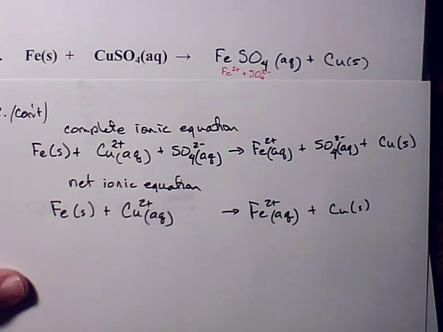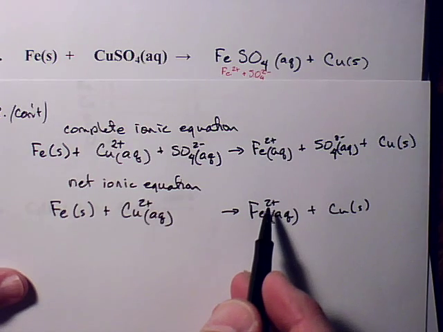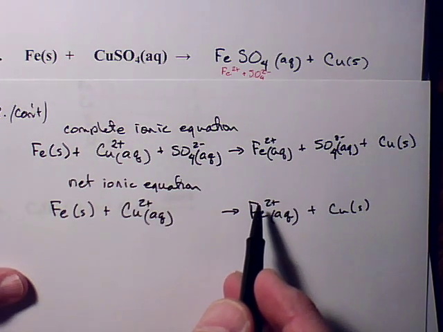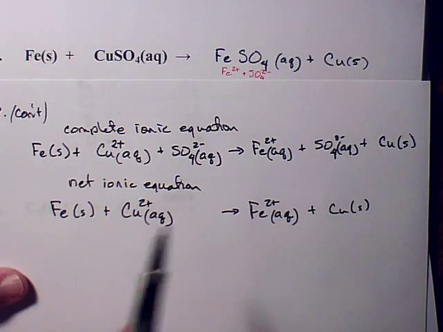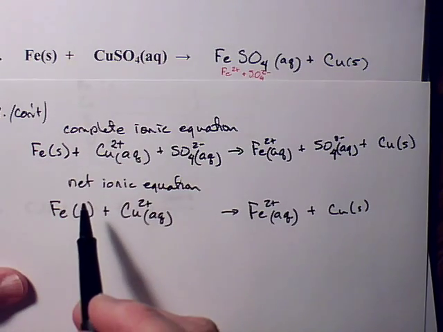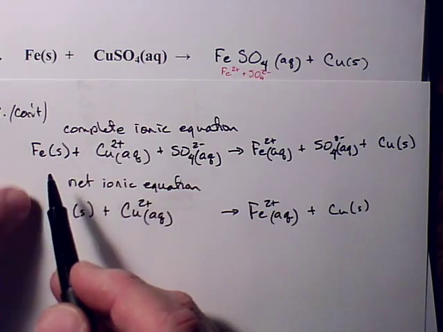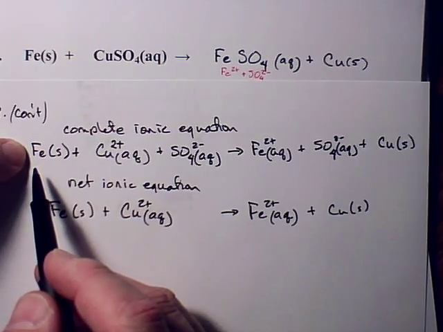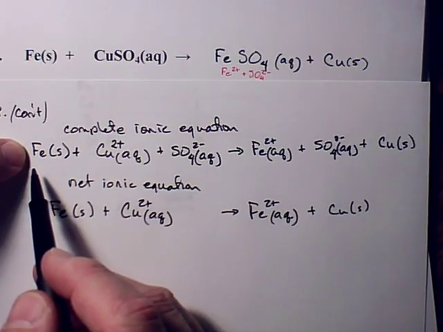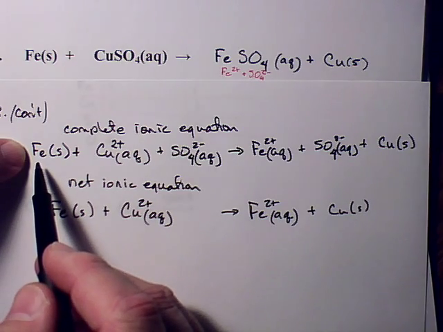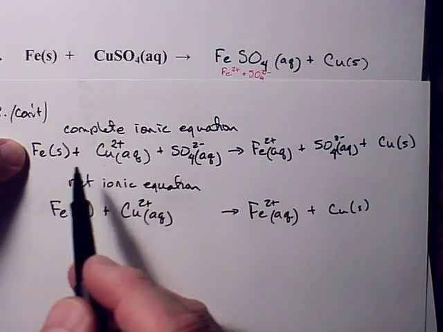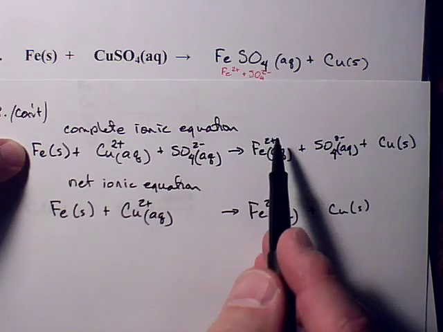Any questions about that? Yes? How do you know what the charge is going to be? This right here? Well, any metal by itself is going to have no charge. Okay, now that's not this. A metal is not the same thing as a metal ion.